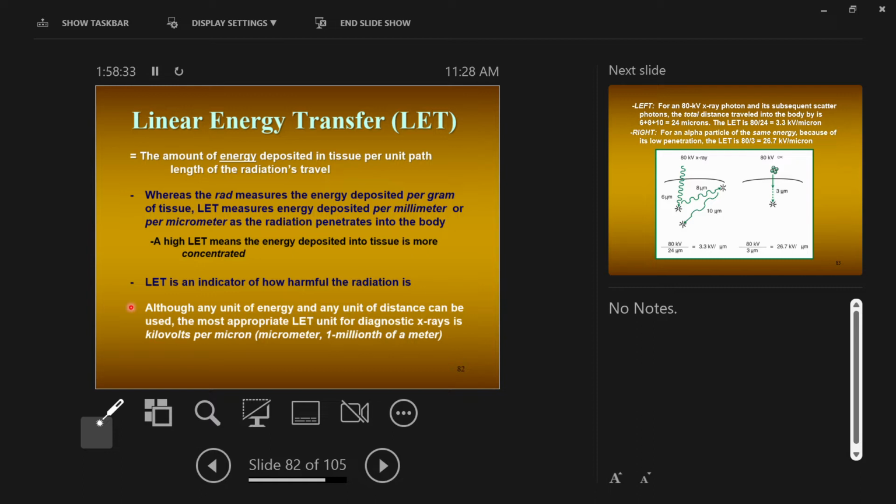You can convert kV, kilovolts, into many other units for energy, but we're going to keep it in kilovolts. We like kilovolts because in the X-ray room, we can tie that directly to the X-ray machine, right? We set the energy of the X-ray beam by setting what factor on the control console?